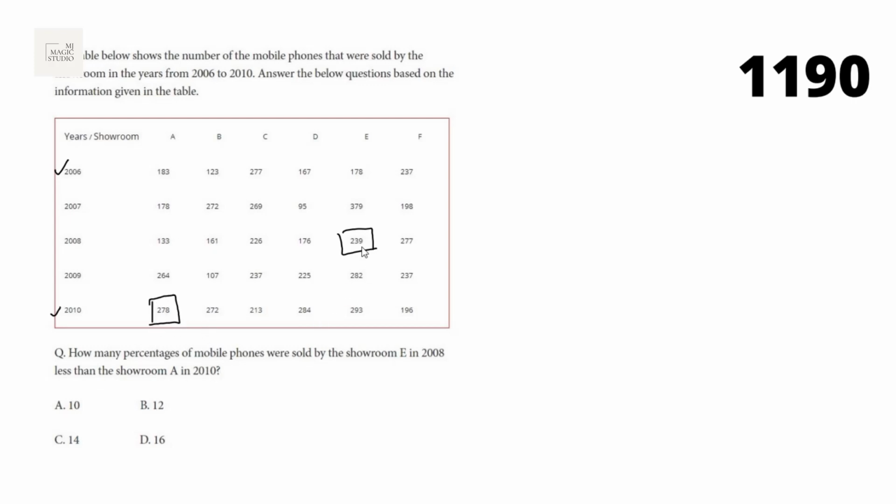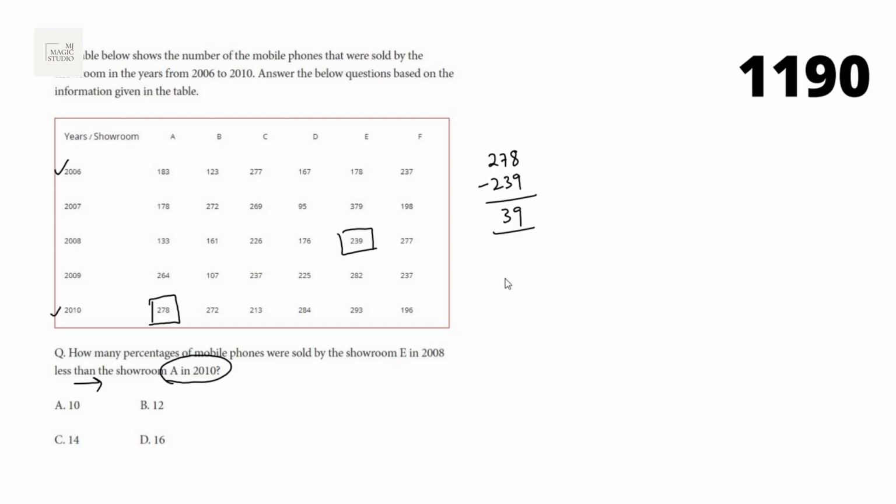That means how much is 239 less than 278 as percentage? 278 minus 239 is how much? 39. Now what is the comparison? In 2008, less than showroom A in 2010.